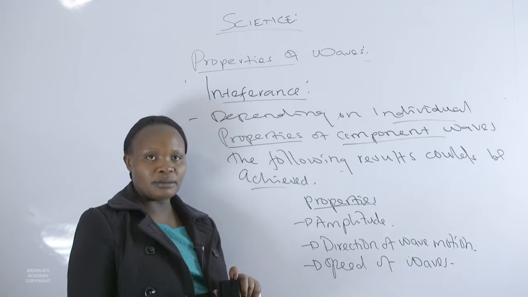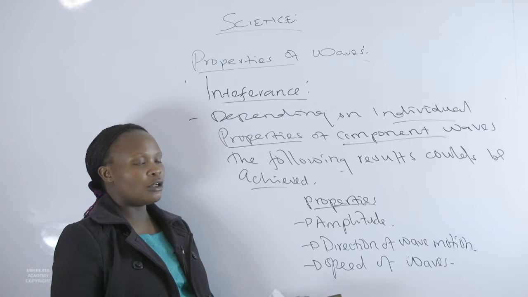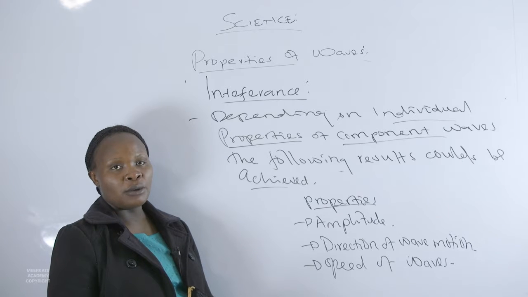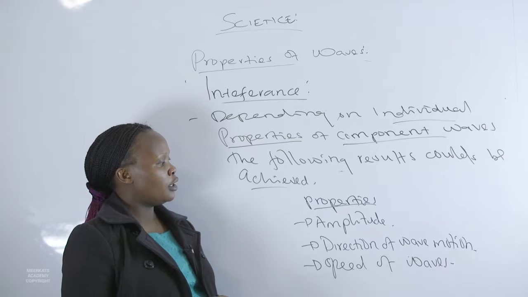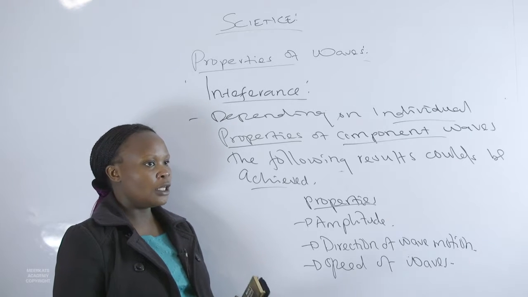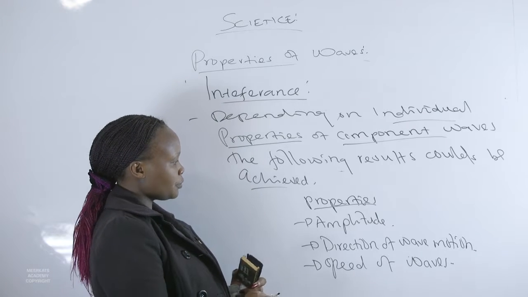That we consider amplitude, direction, and speed of component waves, where component waves are the waves that are coming together in order for them to interfere to form the resultant wave.